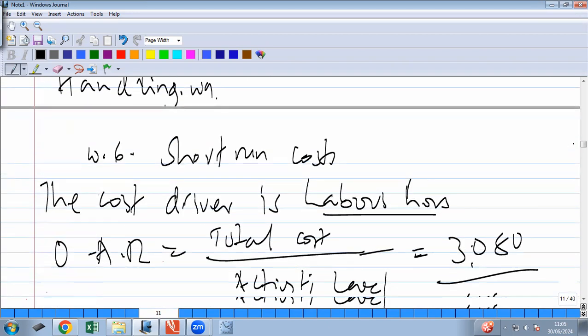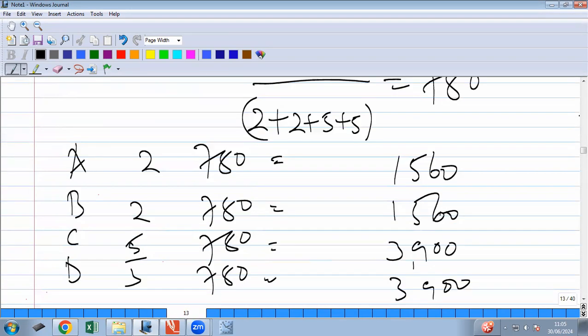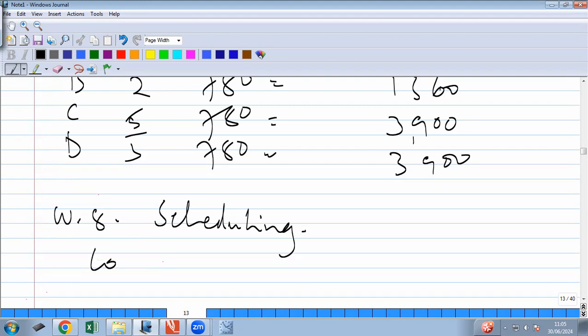Let's go to scheduling. So our working, is it 8? Scheduling. Here we shall also say that the cost driver is production runs. So when we get an exam paper, that's when we shall be able to relate this very fast.